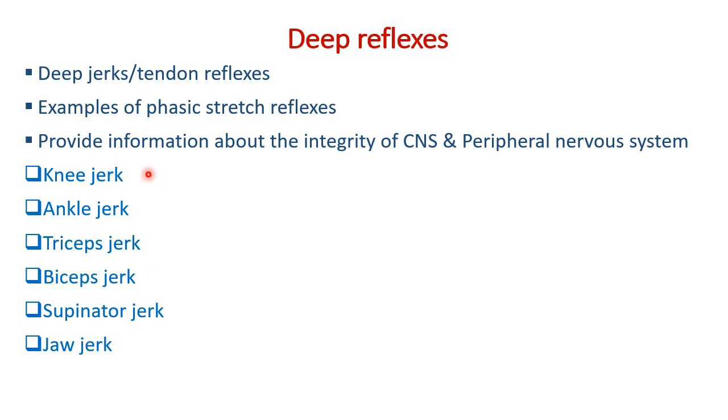The name itself tells us exactly where the deep tendon reflexes are elicited from, like knee jerk from the knee, ankle from the ankle, triceps from the triceps muscle, biceps from the biceps, and accordingly the supinator jerk and the jaw jerk.